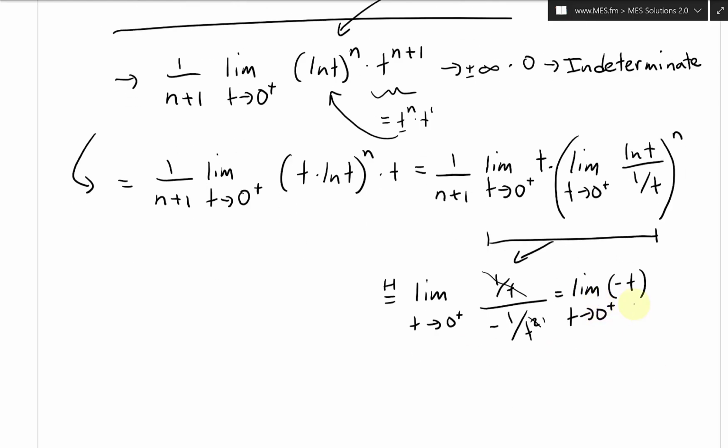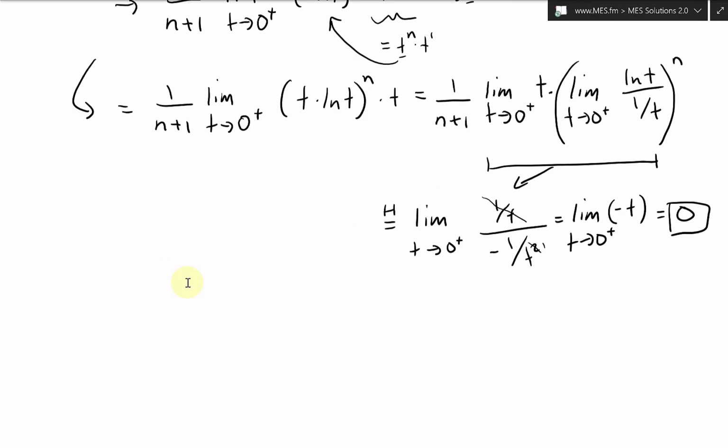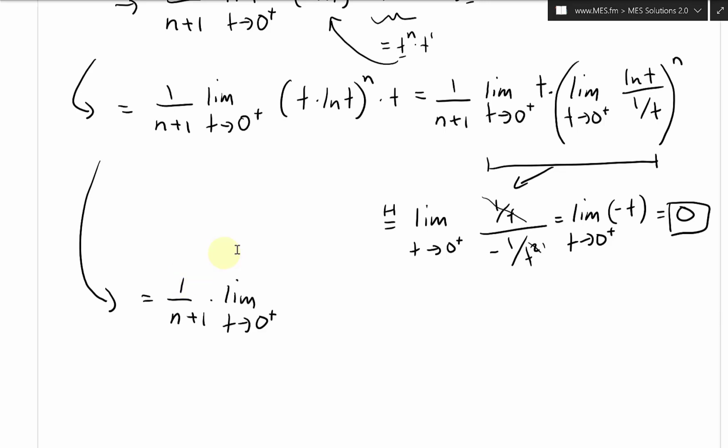So when you plug in, t goes to 0. In other words, this is approaching 0, so this whole thing equals 1 over n plus 1. Actually, to save time, we don't even need to redo that.